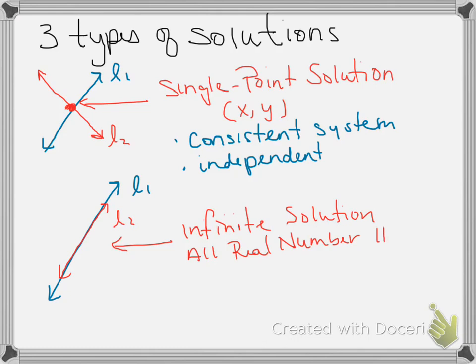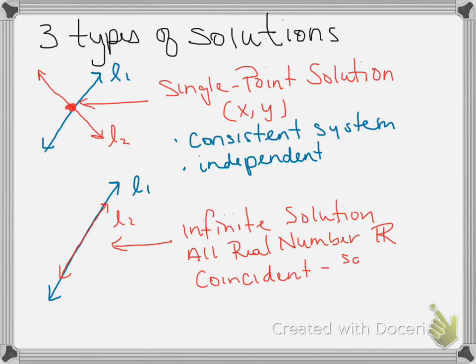And we use the double-bar R symbol here for all real numbers. We also say these are what we know as coincident, C-O-I-N-C-I-D-E-N-T, which means they have the same slope and the same y-intercept.